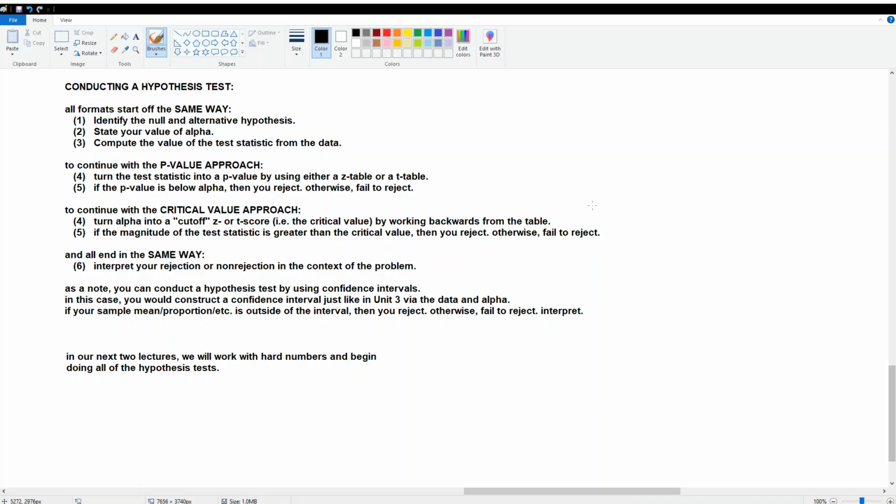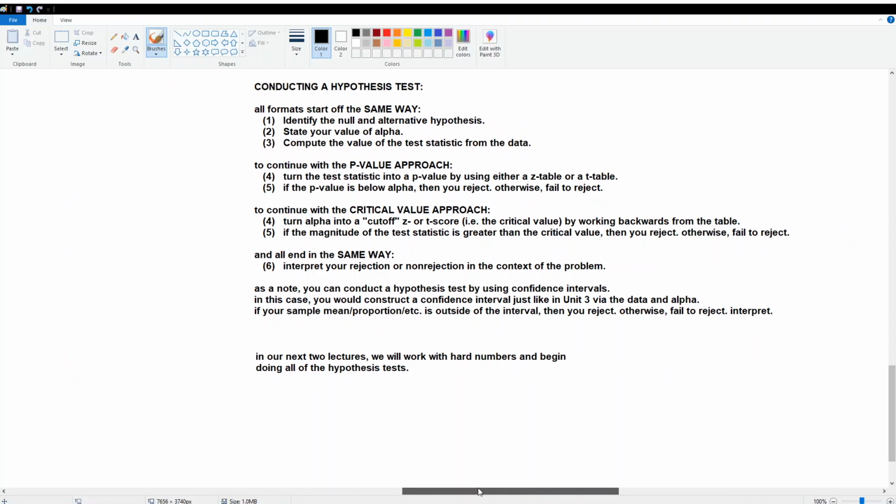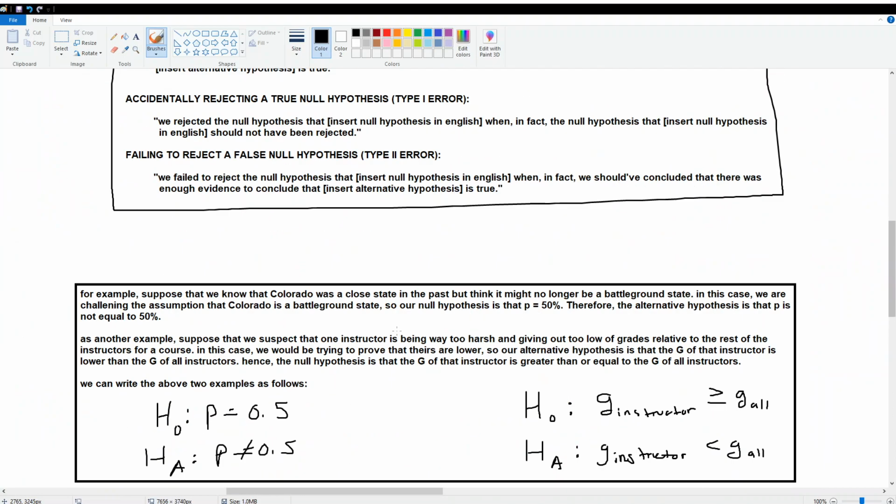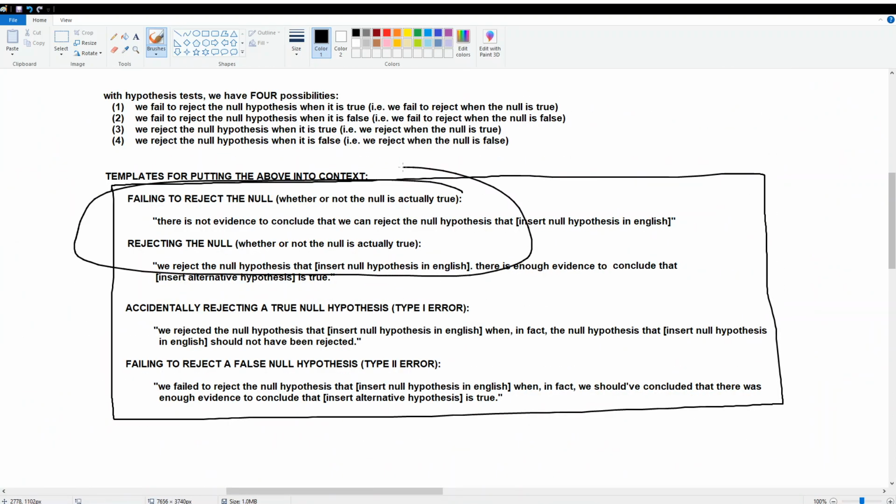If we're going to use the critical value approach, we turn our alpha into a cutoff score with the tables. So we just work backwards. And then we compare the statistic with the cutoff value and determine whether or not to reject from there. And it's going to end in the same way. Based off of our rejection or non-rejection, we should interpret it in the context of the problem. And again, you can use that interpretation from over here. When I gave you these boxes, you would use one of these two.